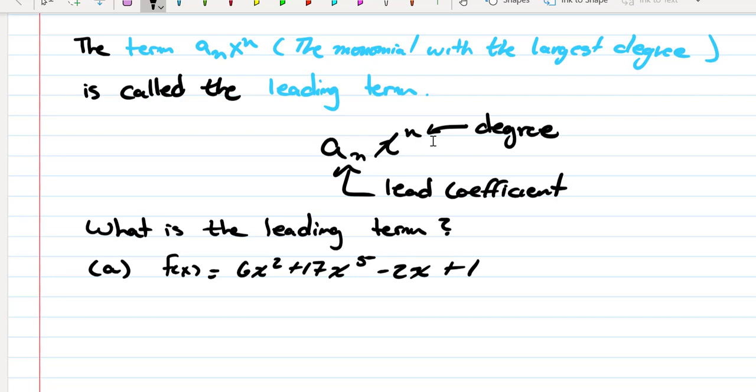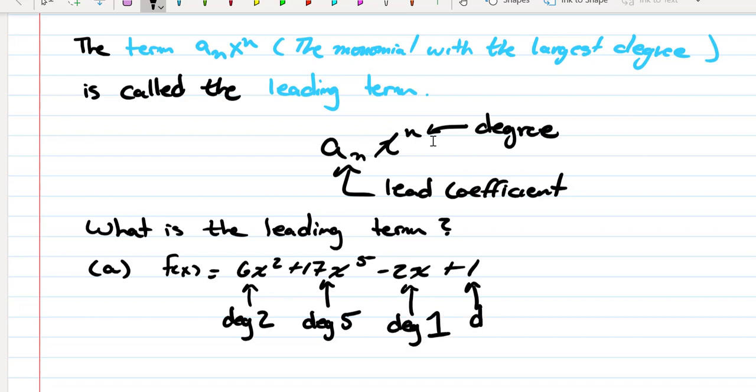If I wanted to know what my leading term is, I would need to inspect the degree of each of the terms. So what is the degree of 6x squared? Well, that's degree 2. What's the degree of 17x to the fifth? That's degree 5. And what's the degree of negative 2x? Well, that's degree 1. And the degree of a constant is always 0.